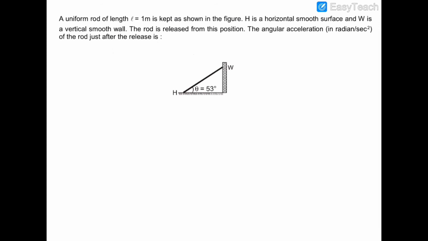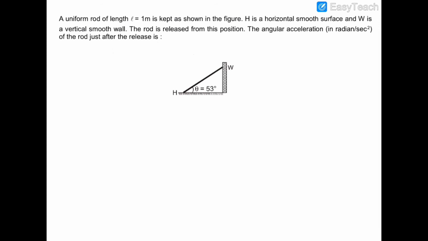Obviously, I can do this question by the simpler conventional approach also, but that approach would make the solution somewhat lengthier. So we are using the approach of instantaneous axis of rotation to keep the question in optimum time.